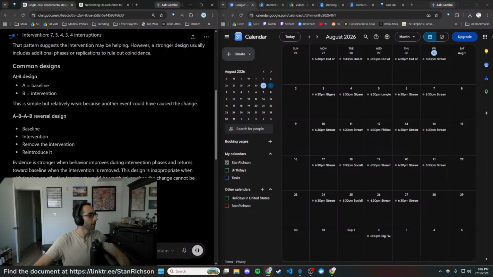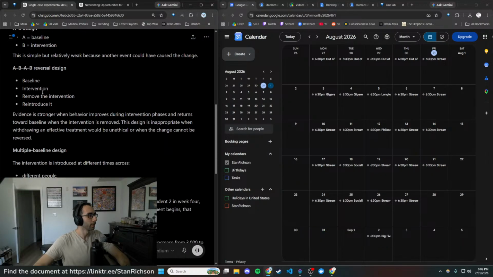So common design, A-B design, A-B reversal design. Evidence is stronger when behavior improves during intervention phases and returns toward baseline when the intervention is removed. Now, I feel like today the strongest thing you could do is actually leverage LLMs, or just machine learning in general, but probably LLMs, to just collect data, don't even think about it, and then just throw it at an LLM and see if it can figure out what's going on.